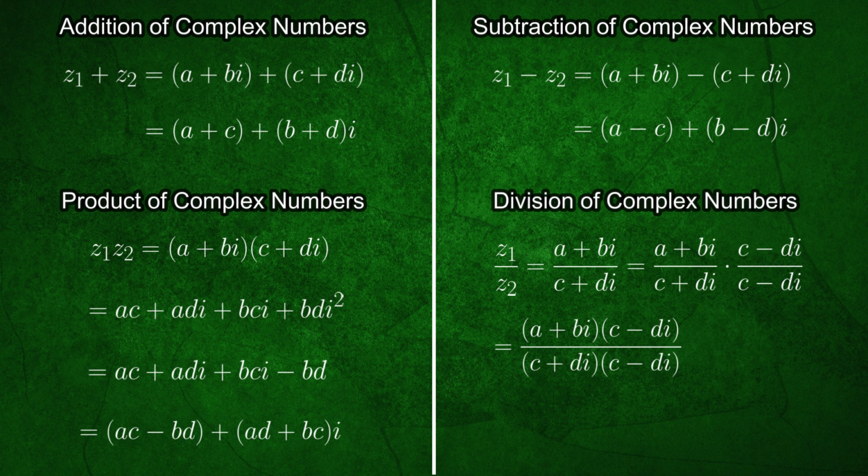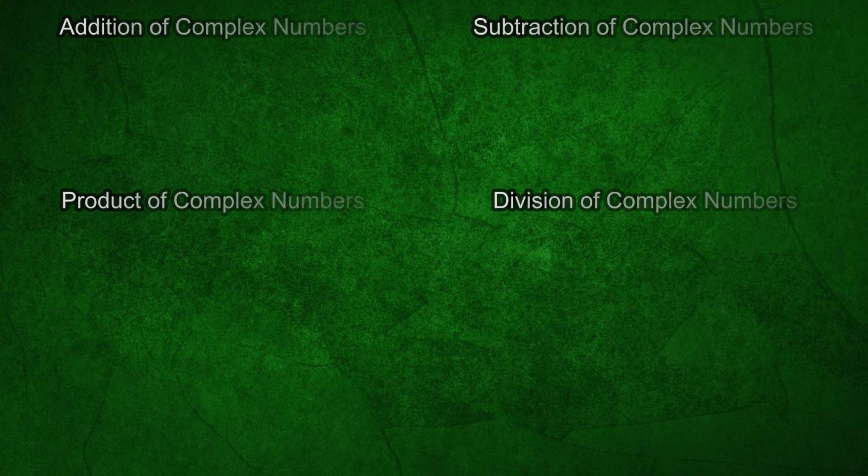So we need to perform two products of complex numbers, one in the numerator and one in the denominator. So we get the expression a times c plus b times d plus b times c minus ad times i, divided by c squared plus d squared.